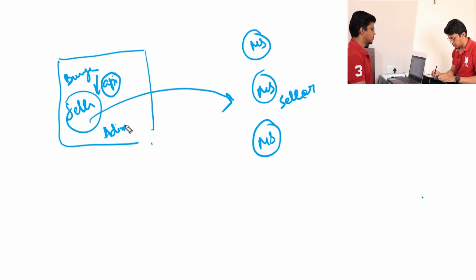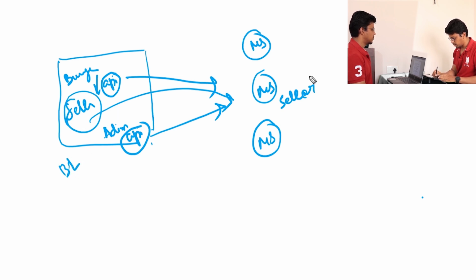An API for admin will also be there, and it will point to this microservice. So we'll build this microservice, take this business logic from here and put it here, and once it is done, we'll just point it out. Instead of calling this, we'll now call this, and instead of calling this, we'll now call this.